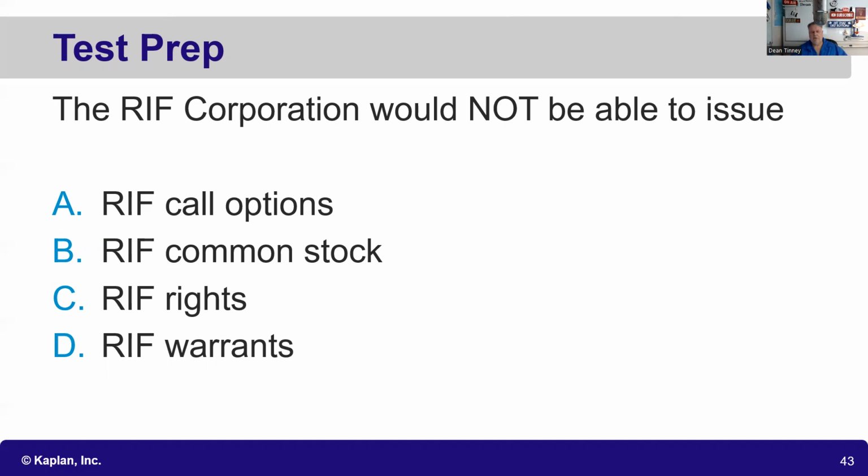I would definitely be able to contrast rights and warrants. Rights are short-term and at issuance are exercisable below the current market price. I mean, they already have value, and warrants are long-term and at issuance exercisable above the current market price. Now, where calls, rights, and warrants are all the same is they're all what we call derivative securities. So call option.